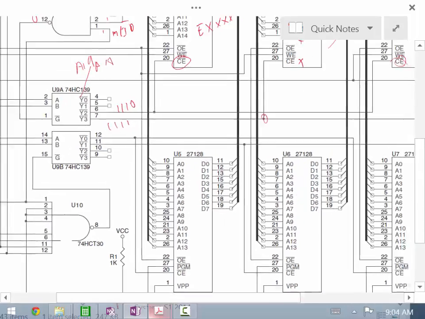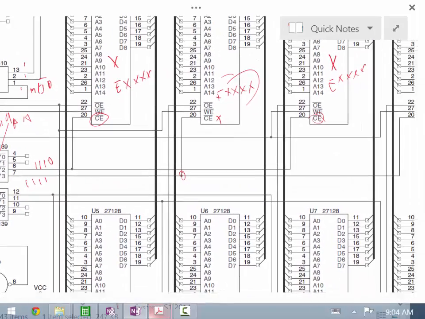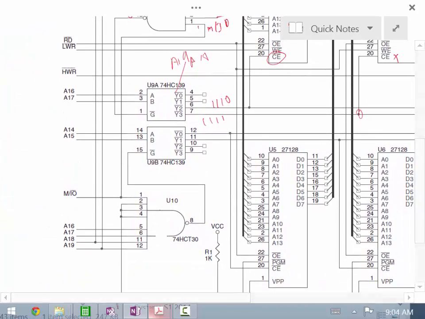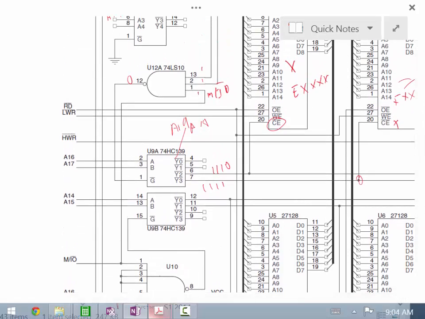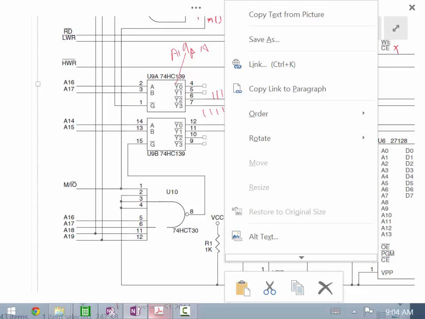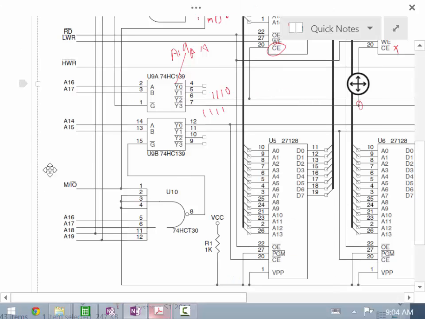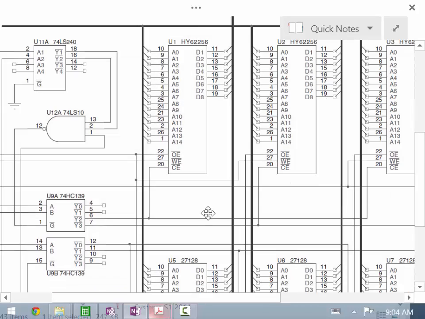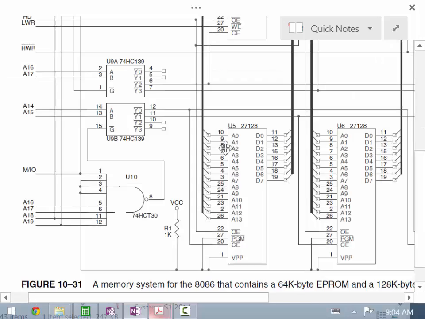So A15 is not used to decode this at all. A15 and A14 are used for these down here. And these all have to be high here, except for the fact that we're ignoring these two, so that's okay. I lost my pin marks, didn't I? That's all right. Let's just go through this here.